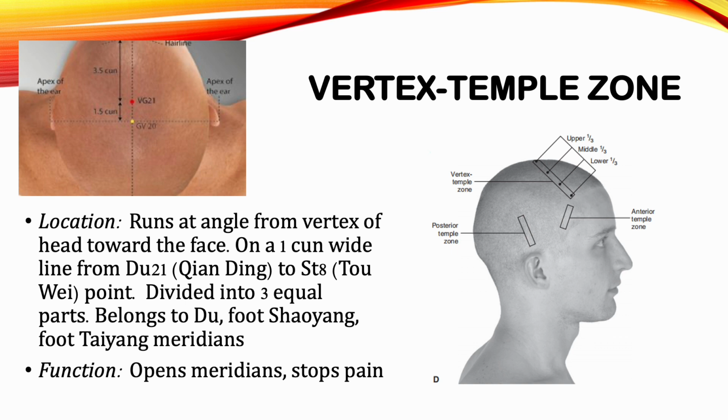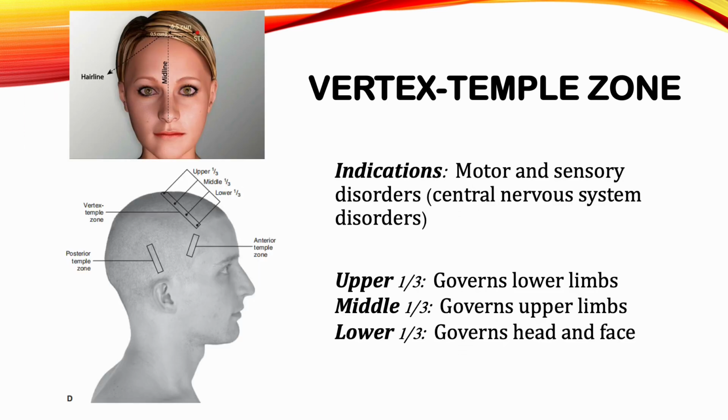Function: opens the meridians and stops pain. Indications: used to treat motor and sensory disorders, especially central nervous system disorders. Upper 1/3 governs the lower limbs. The middle 1/3 governs the upper limbs. The lower 1/3 governs the head and face.